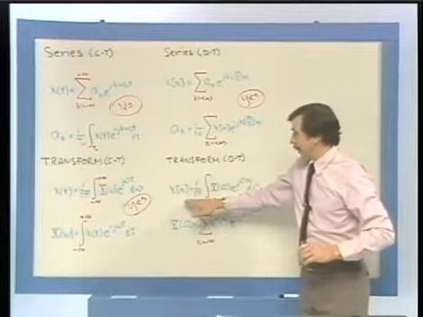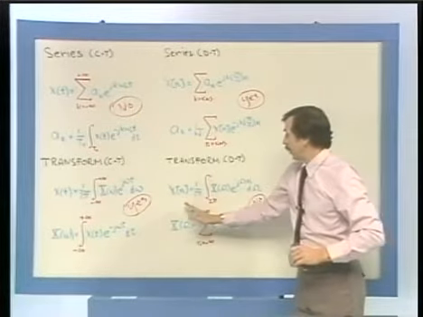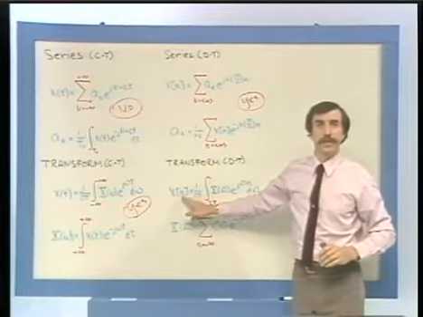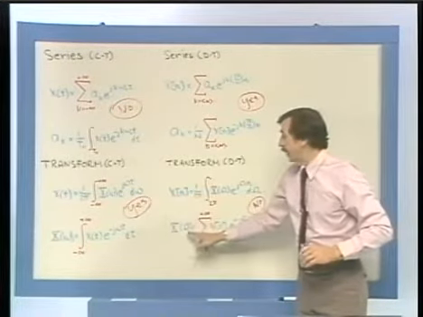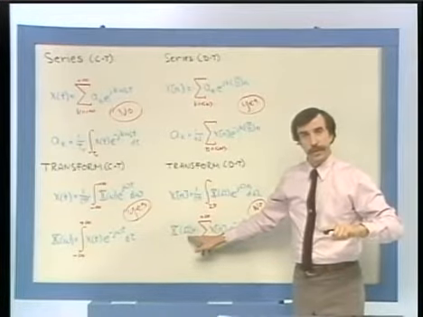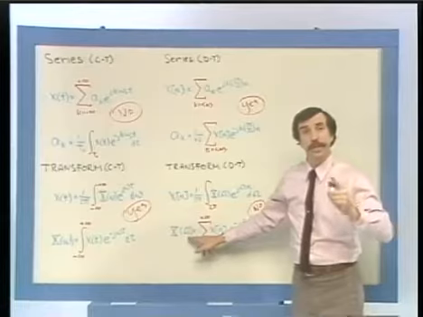In the discrete time case, in the time domain, we have an aperiodic sequence. And in the frequency domain, we have a function of a continuous variable, which we know is periodic.